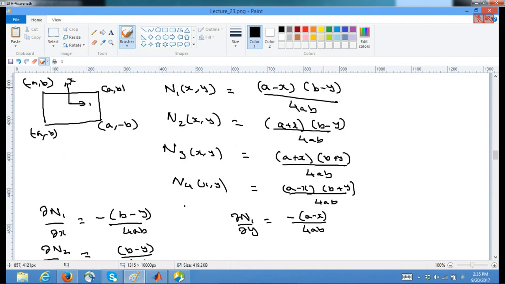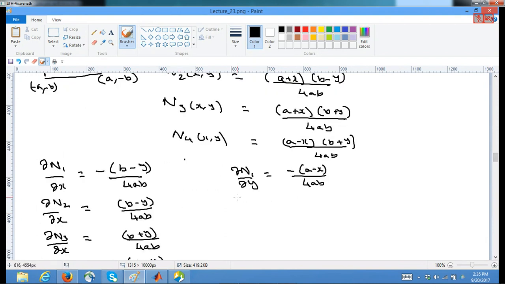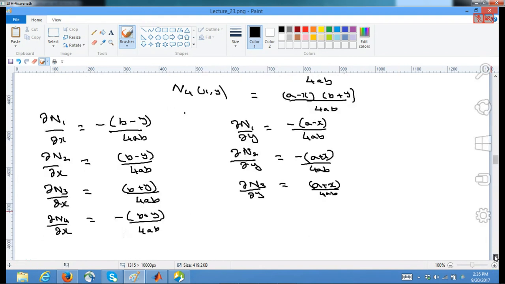When I differentiate with respect to y, this gives minus 1, and the other things remain as they are. Similarly, dN2 by dy is minus of (a plus x) over 4ab, dN3 by dy is (a plus x) divided by 4ab, and dN4 by dy is (a minus x) divided by 4ab. So these are the things that we have obtained.